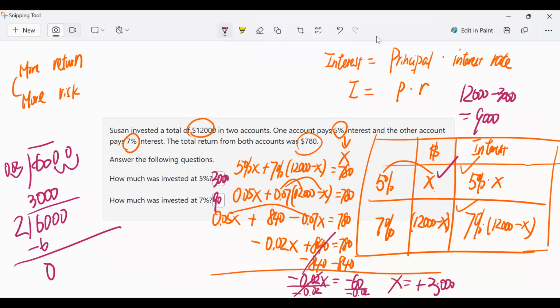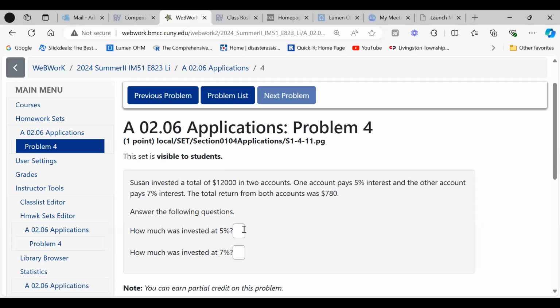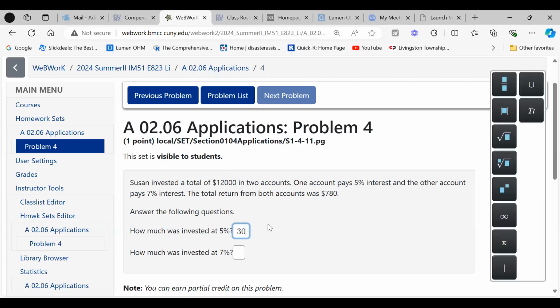The other account has $9,000. Does that make sense? Yeah, it does. Okay, very good. 3,000 here and then 9,000 here. Total $12,000.